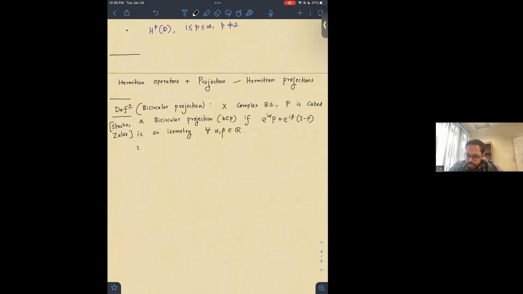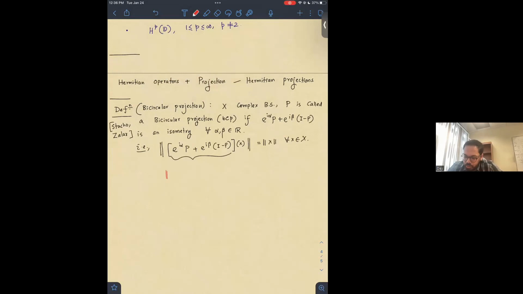It just means that if you act it on an element x and take the norm, you are going to get the norm of x, for every x in X. Okay, that's what it means. And this thing actually is very symmetric. So instead of talking about this, we can always do something like that.